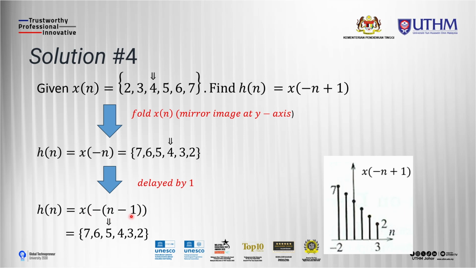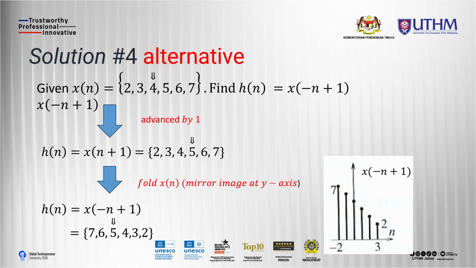This one is a delay by 1. I use the method of shifting the origin symbol. Delay by 1, so shift the origin symbol 1 unit to the left, from 4 to 5, so 1 unit. Now I get this value for the g[n].